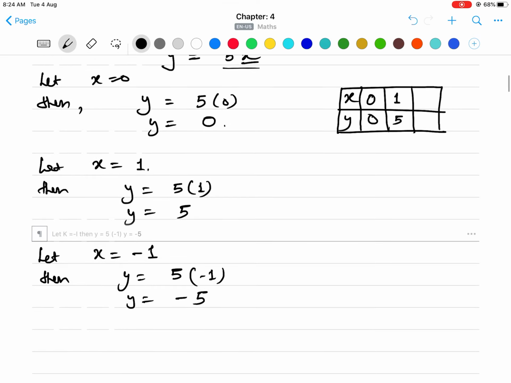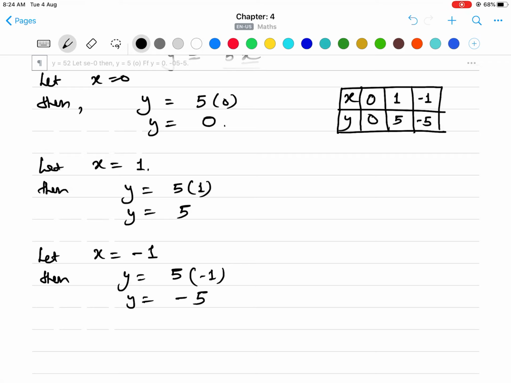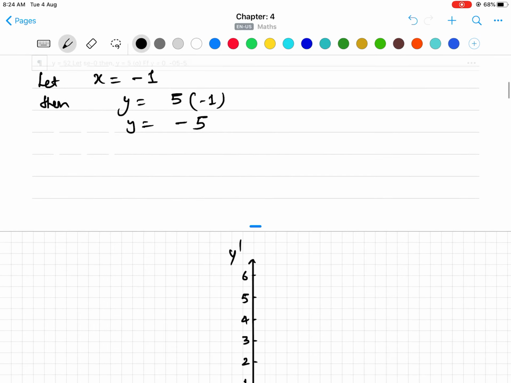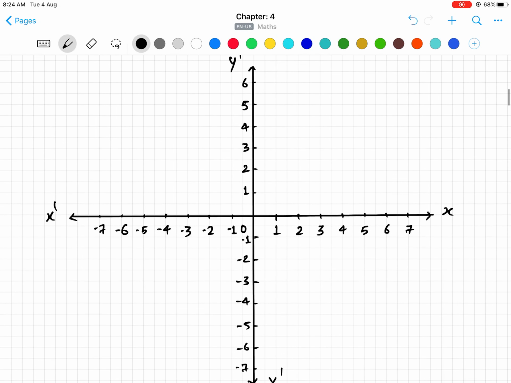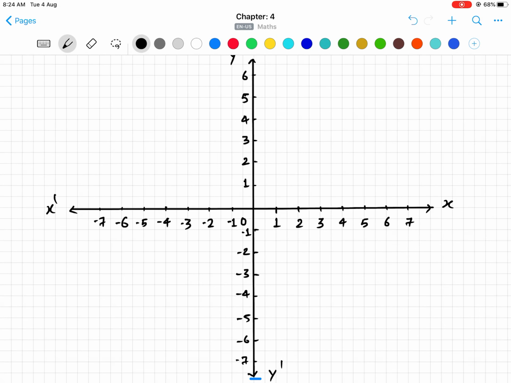That means on taking x equal to -1 we are getting y equal to -5. So these are the three solutions of this equation: (0, 0), (1, 5) and (-1, -5). We have to plot these points on the graph paper now, where I've already drawn the axes. So let's mark the points now.